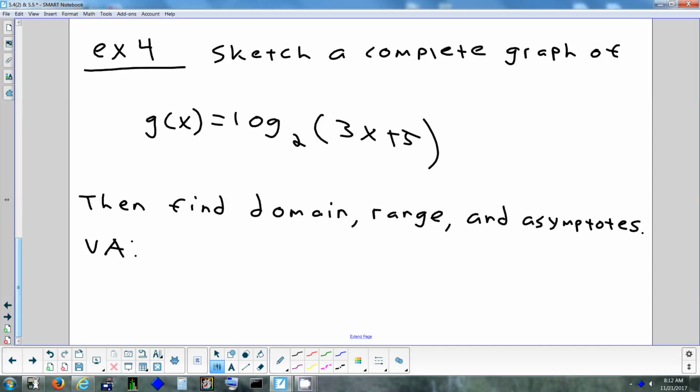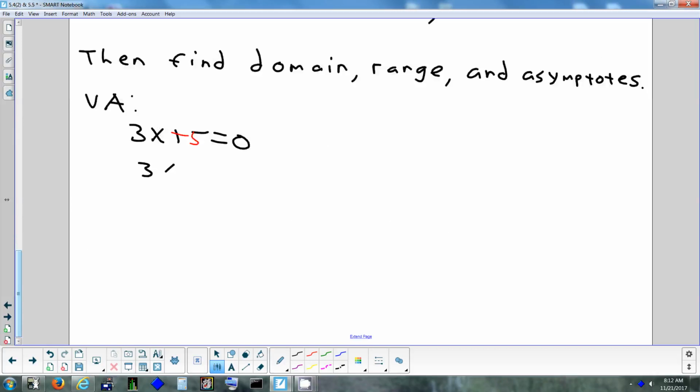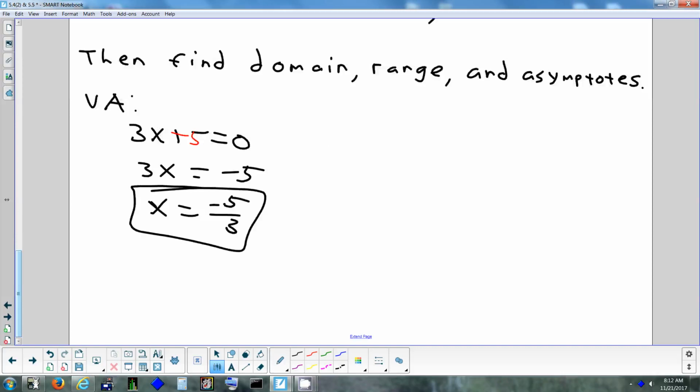What would be the equation I set up to find the vertical asymptote? Caleb? 3x plus 5 equals 0. Yep. So 3x plus 5 equals 0. Okay, so x equals negative 5/3.